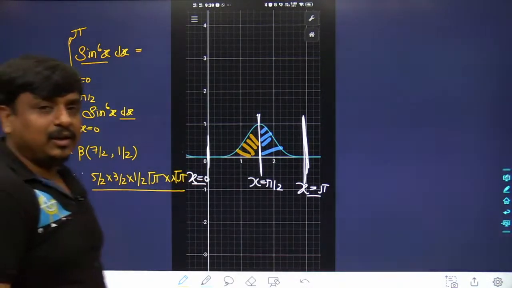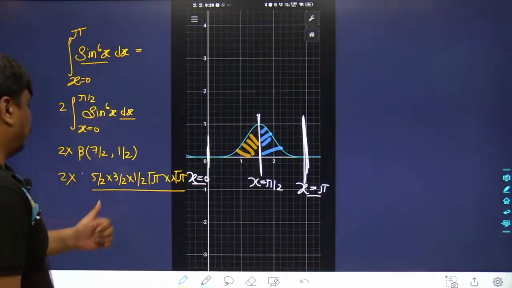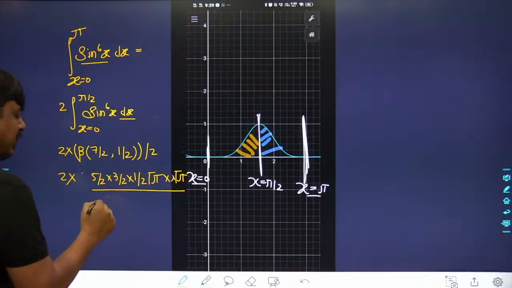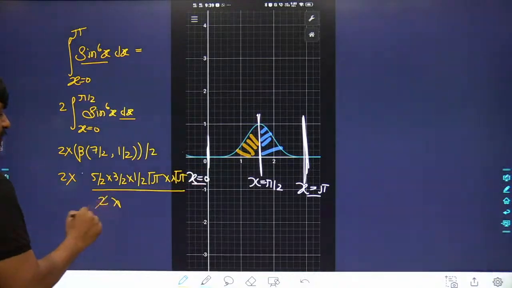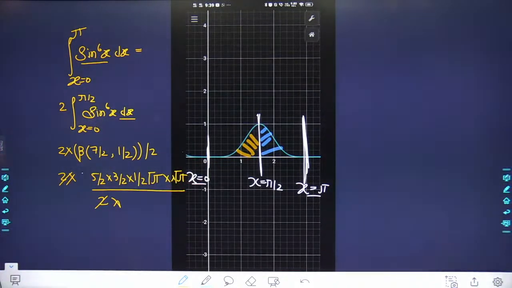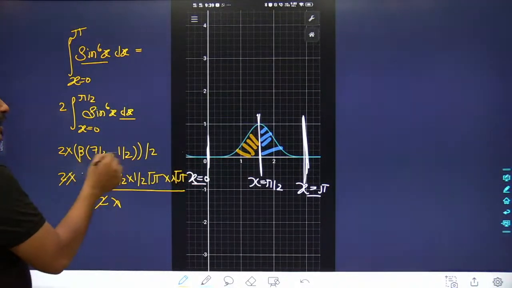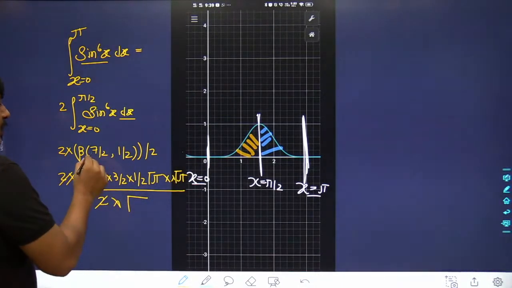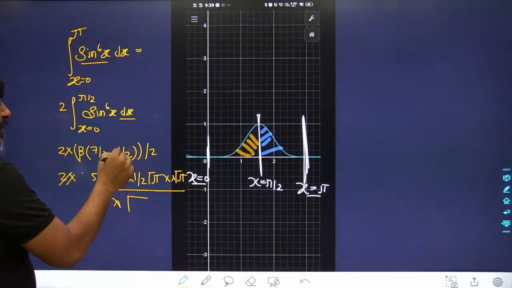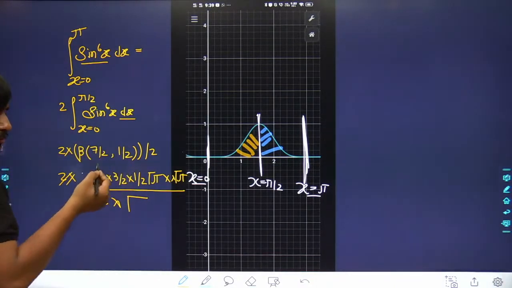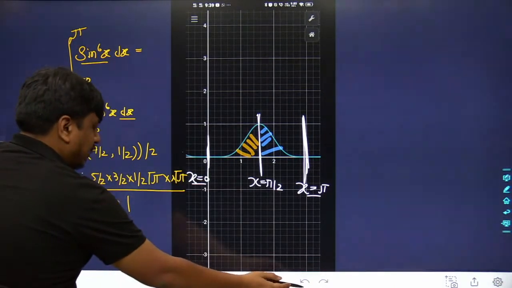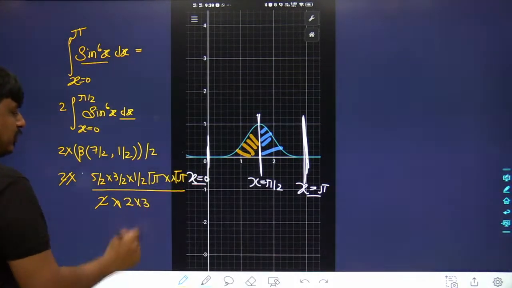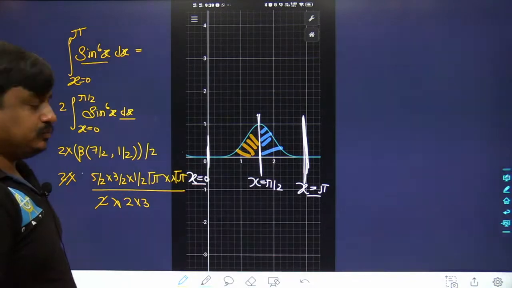Towards the numerator I am telling, yes, and towards the denominator you would be having already 2 you had earlier, which is going to get knocked off, and here you would be having the addition between both. So here it would become gamma of 7 by 2 plus half, that is going to be 4 itself. Gamma of 4 can be written as 3 factorial, which would be equal to 2 into 3 into 1.